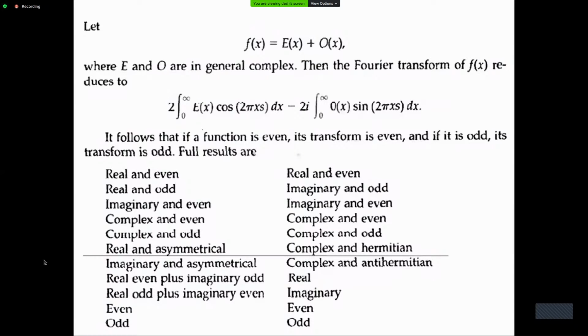So this is something that helps us greatly in the context of the interferometers that we were talking about, where the visibility that we measure is a result of the Fourier transform or represented in the Fourier transform of the sky brightness distribution, which is real and asymmetric. And so the visibilities will be complex and will have Hermitian symmetry.